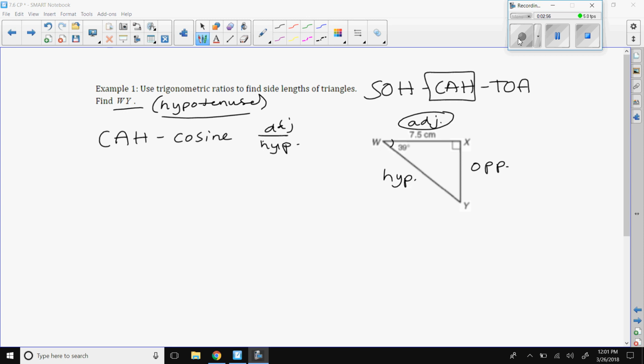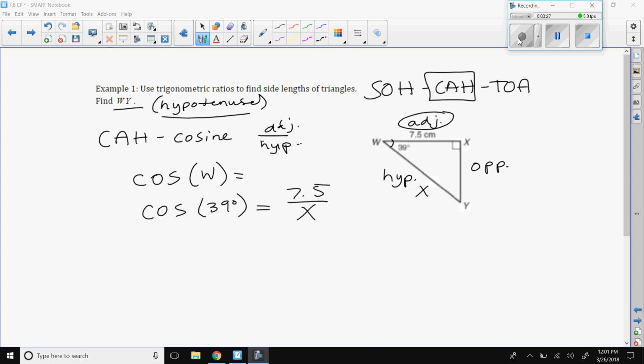So the cosine of W is what we're looking for, and in our case, it's going to be the cosine of 39 degrees. I'm plugging in this angle measure for cosine. I'll be able to use my calculator for this. I still want adjacent over hypotenuse, so I've got 7.5 over, and I'm going to call the hypotenuse x.